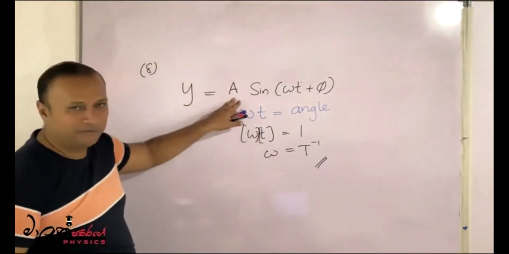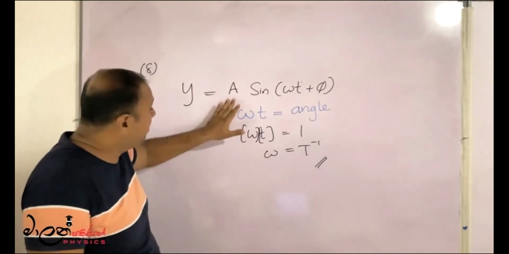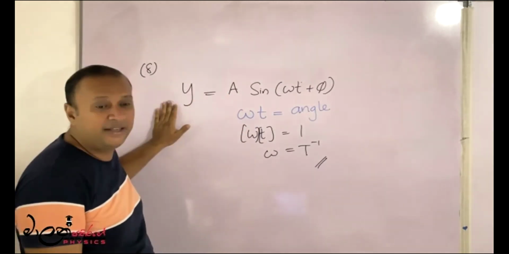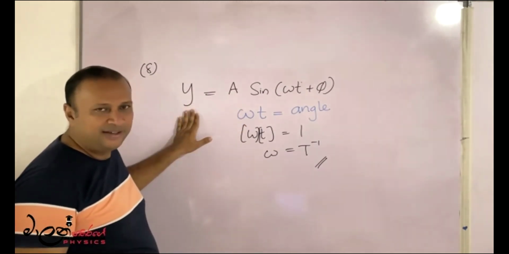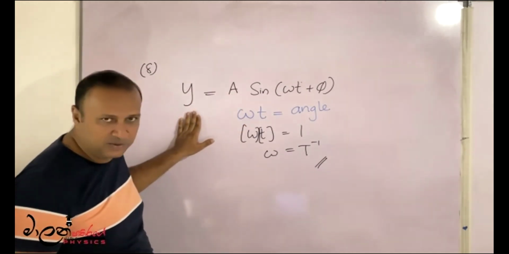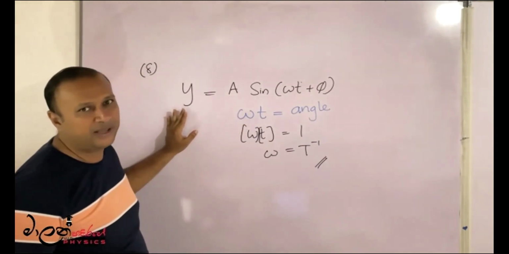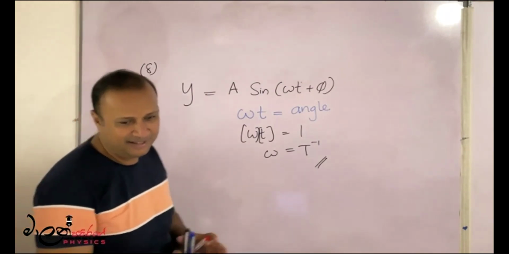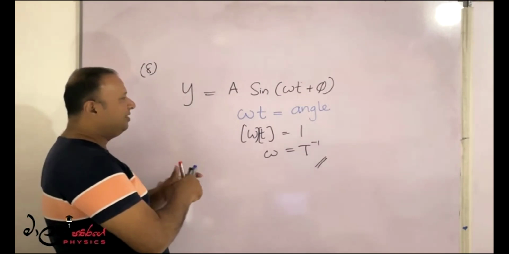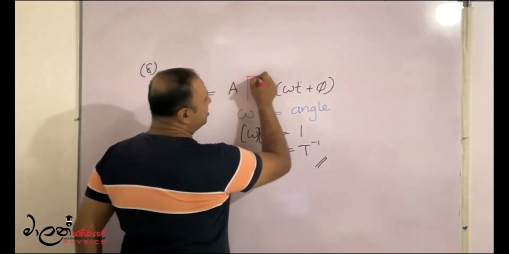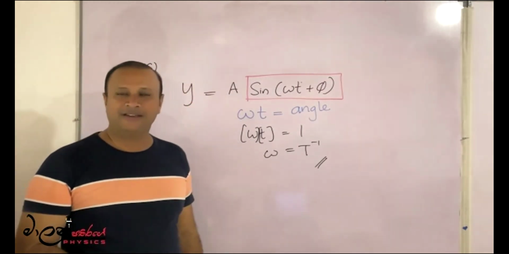Why is the dimension of A equal to y? Dimension of A is equal to y, no? That's why you say dimension of A is equal to dimension of y. So what is the actual reason? The reason is this trigonometric term doesn't have a dimension.